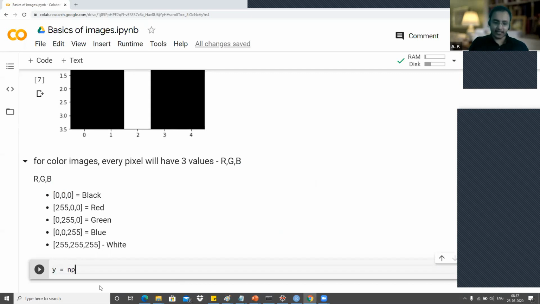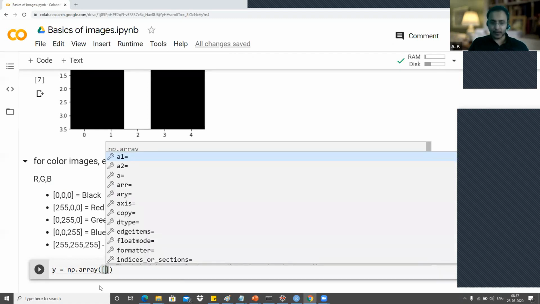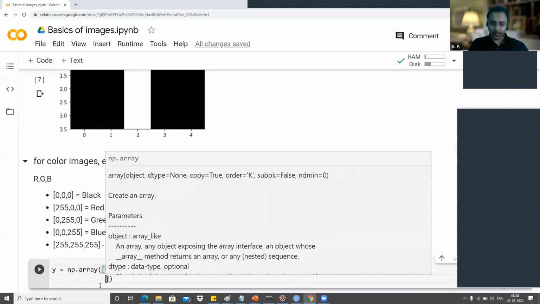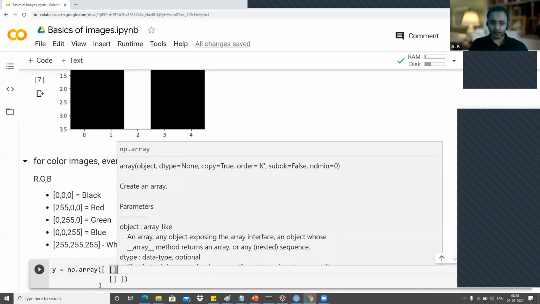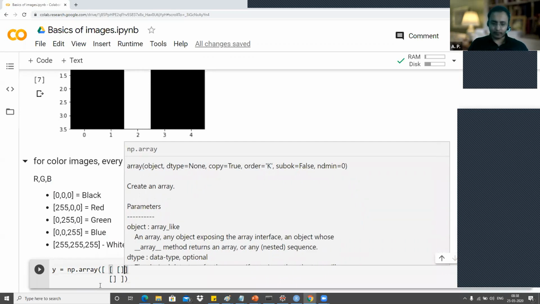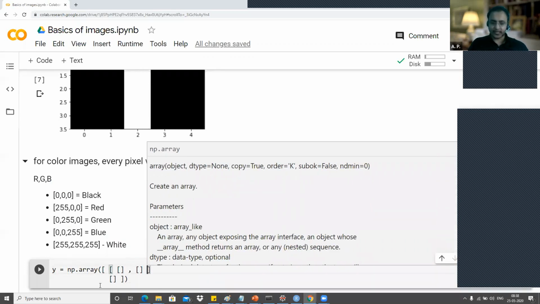So you can say y equals np.array, and now we have to pass an image which is going to consist of rows and columns, but every pixel will have 3 values instead of 1 value, right? So we'll say that, okay, the first row and the second row. In the first row, we're going to have the first column and the second column.